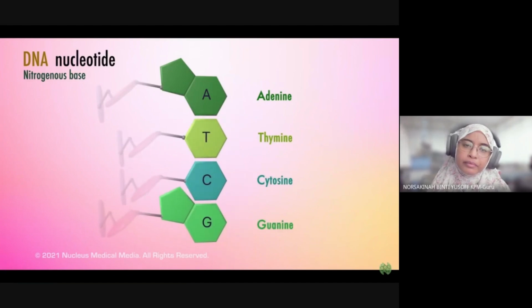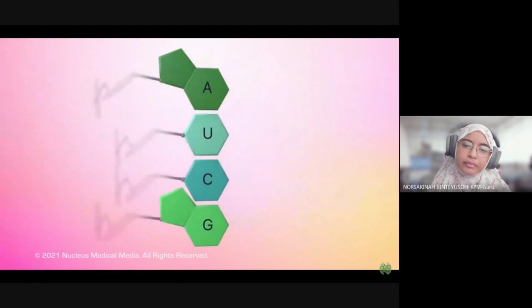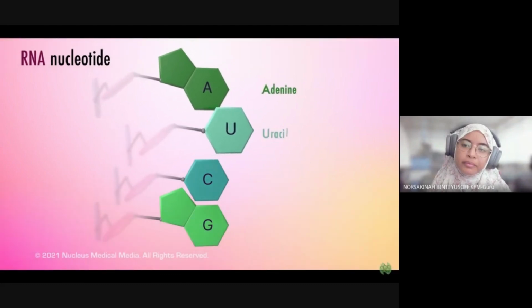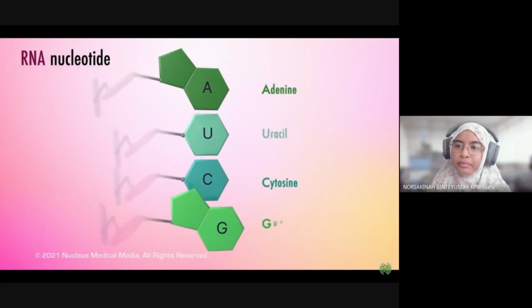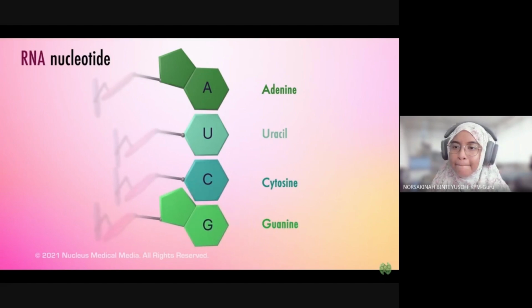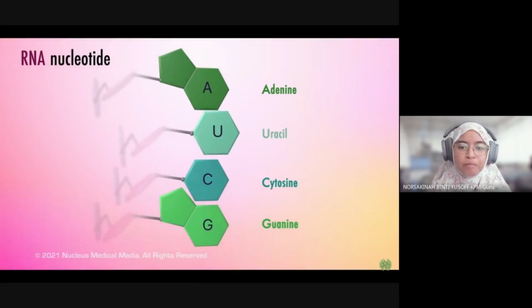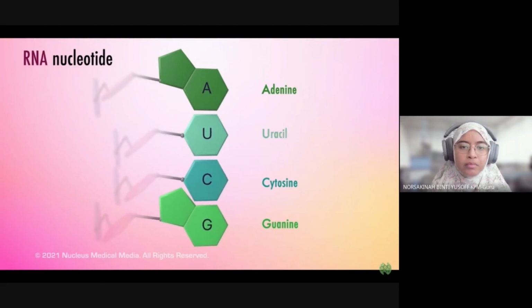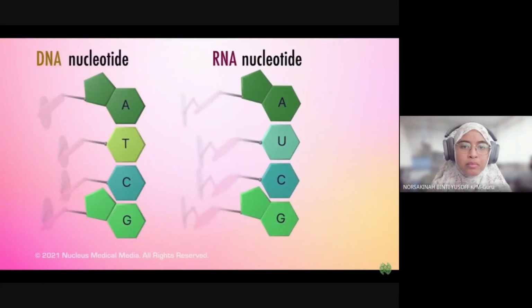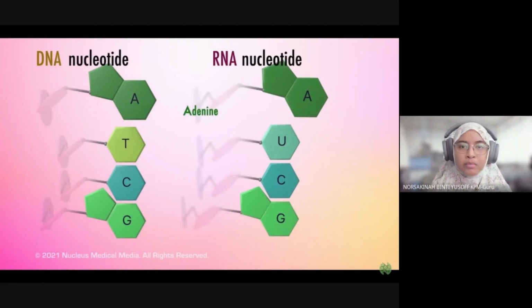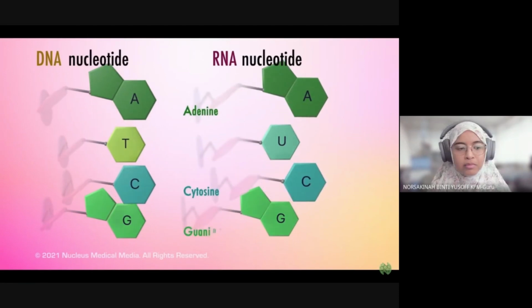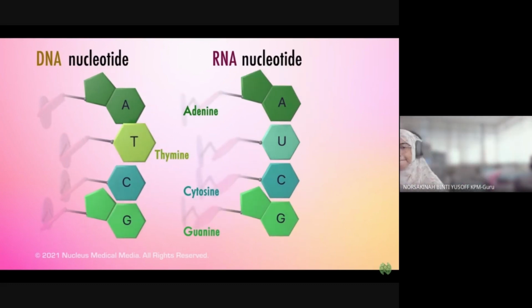These bases are usually abbreviated as A, T, C, and G. Similarly, the nucleotides in RNA also contain one of 4 nitrogenous bases, adenine, uracil, cytosine, or guanine. They are abbreviated as A, U, C, and G. Notice that both DNA and RNA have adenine, cytosine, and guanine, but only DNA has thymine and only RNA has uracil.